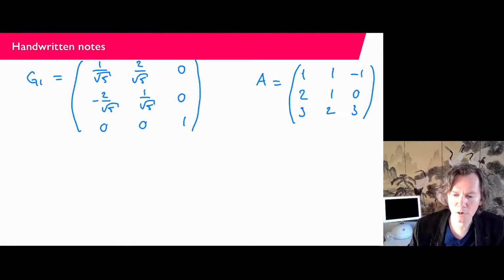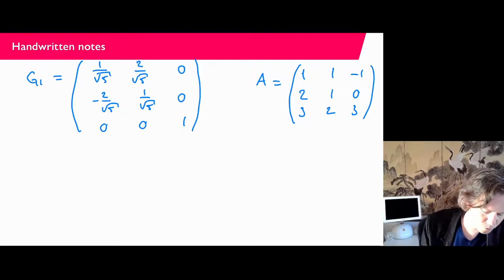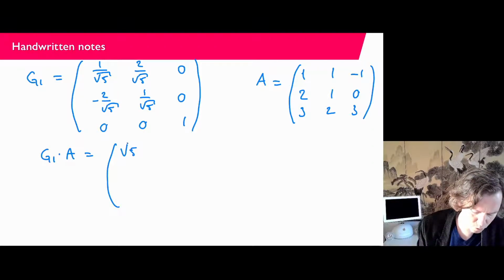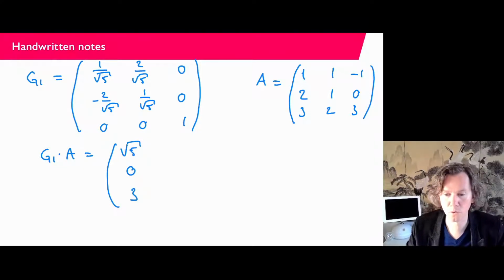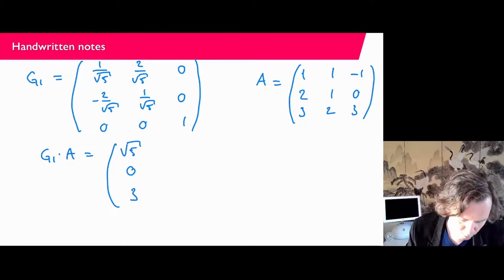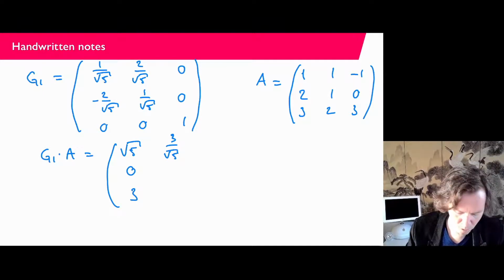Now, if you compute G1 times A, you get the matrix, well, the first column we already know, square root of 5, 0, 3, that's basically by construction. Then for the second column, if you compute this, we get 3 over square root of 5, minus 1 over square root of 5 and 2.